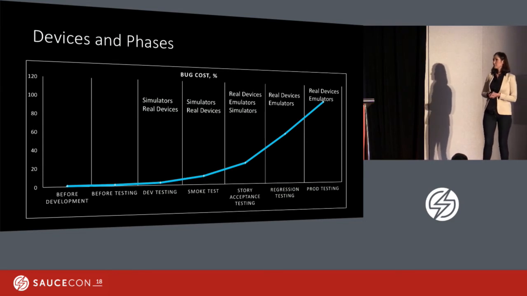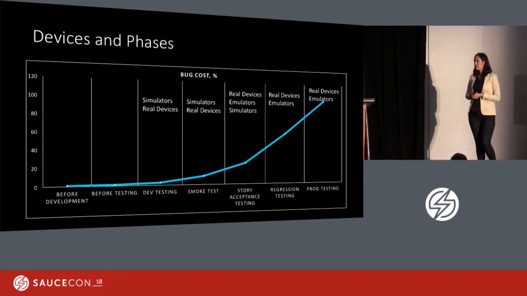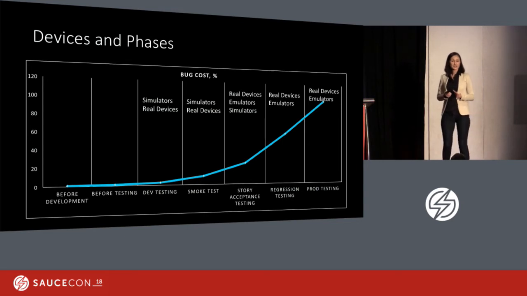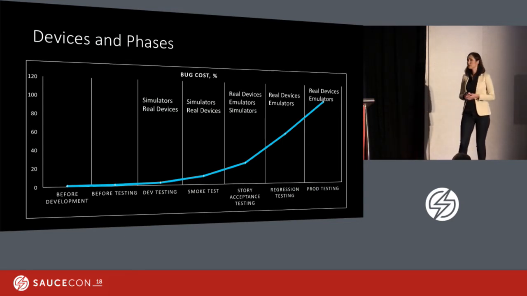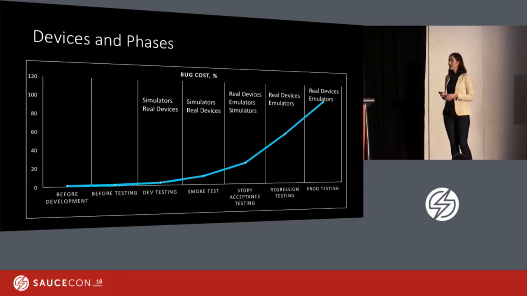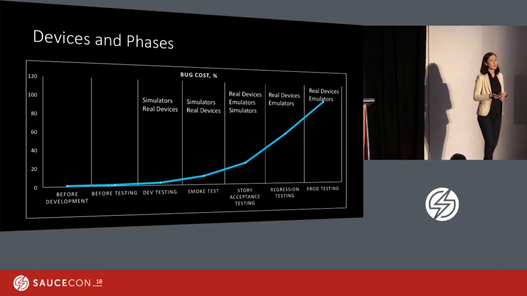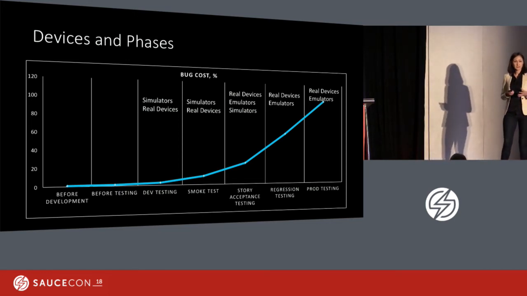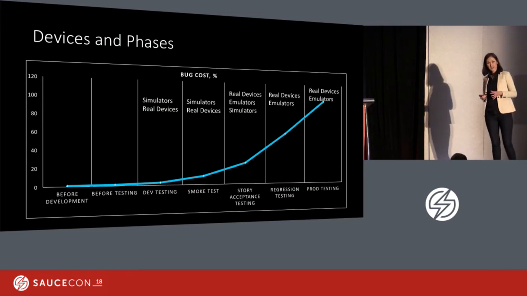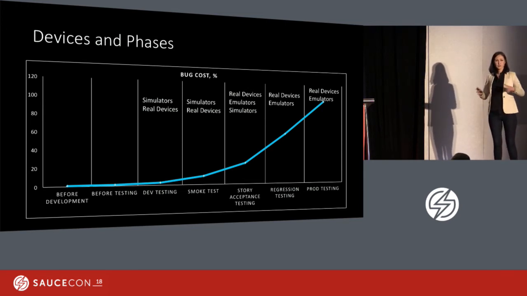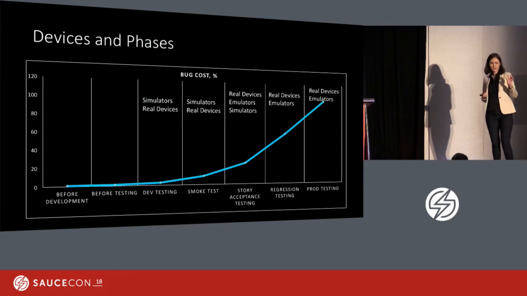Then story acceptance and regression testing. Real devices also, I suggest to use some very limited number for your top priority models and platforms, operation system, browser. And emulators, as it was already mentioned several times, they are quite good for several reasons. They provide quite good results because they tend to emulate the whole device and not some layer of it.